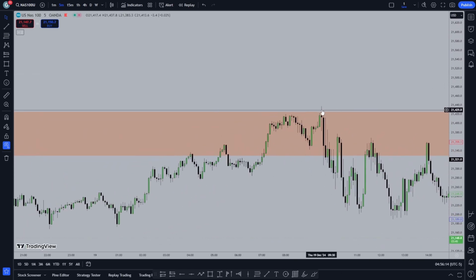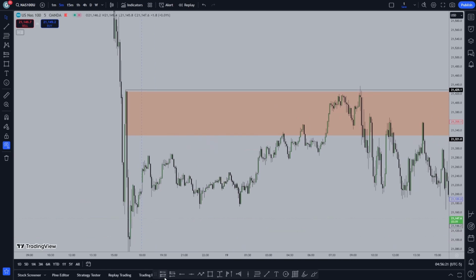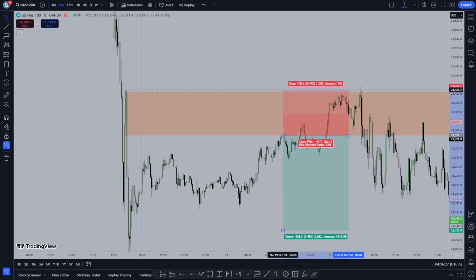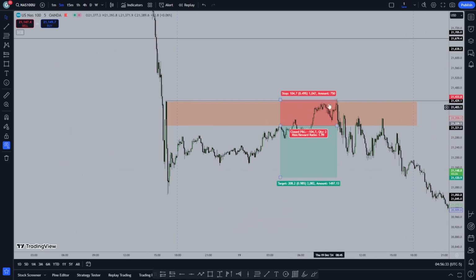Here, you can see this, right? People started to take sells from this candle's low, and the stop loss was a little bit above the structural high. So what happens is it went up, took the stop losses, and then it started to fall, right?